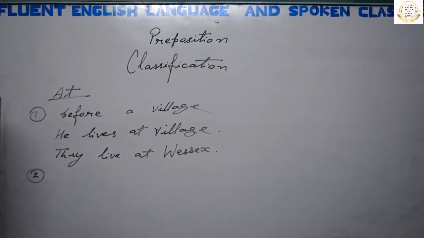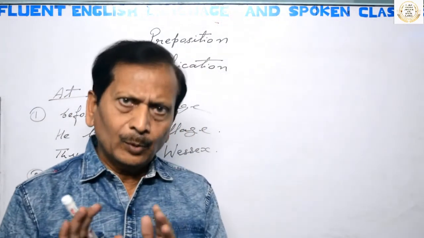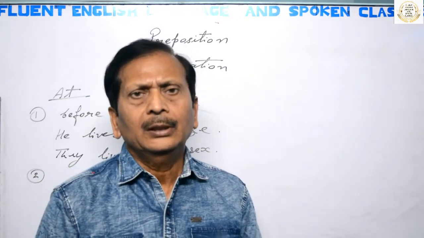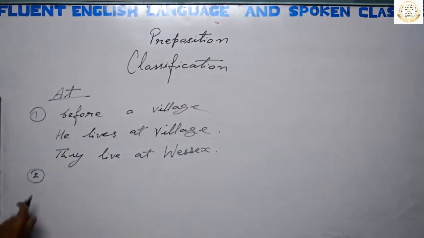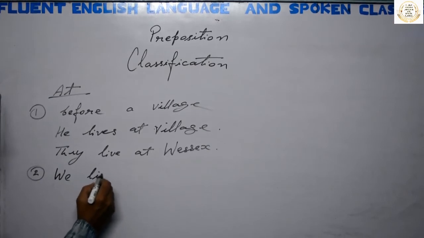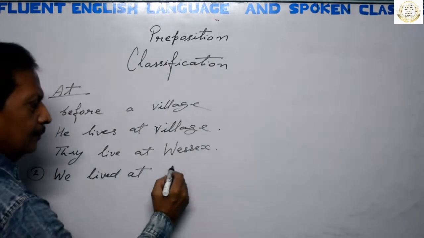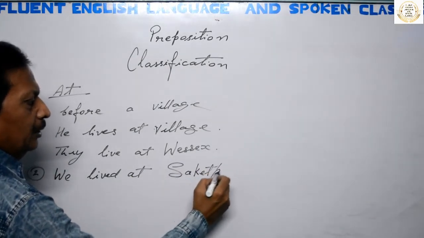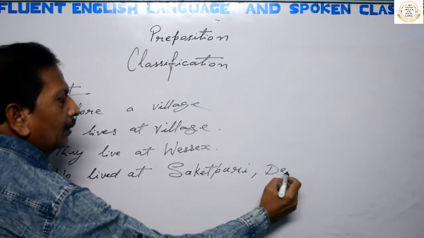Let us take another example. Sometimes you want to indicate one small part of a town or city, one particular area of a town or a city. In this case also you can use the preposition at. Let us see. We lived at Saketpuri, Delhi.